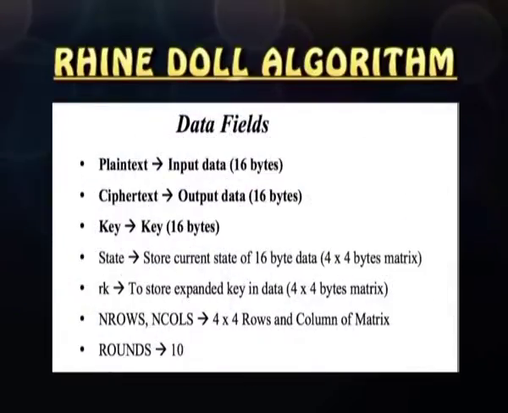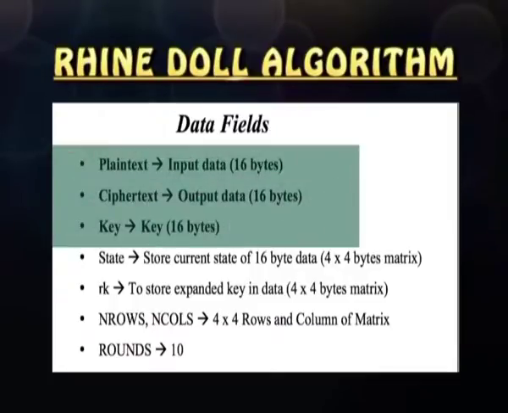Now let us see how exactly this algorithm has been implemented through software. Please see the figure. This function Rijndael has 3 parameters. They are plaintext, which is an array of 16 bytes containing the input data; ciphertext, which is also an array of 16 bytes where the enciphered output will be returned; and third is a 16 byte key.